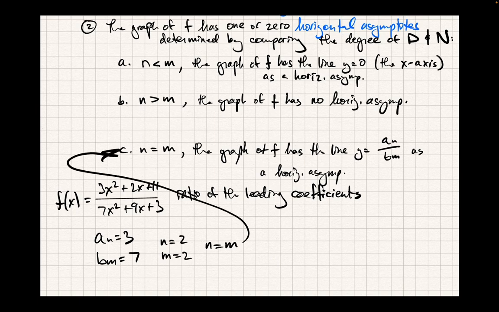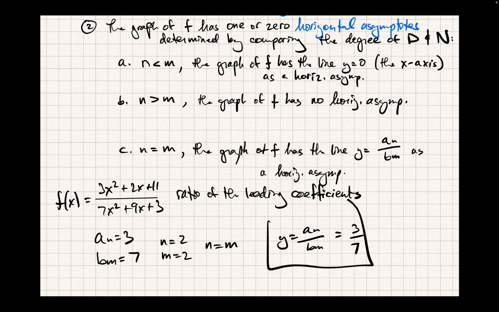So the graph does have a horizontal asymptote, and where is it? 3 over 7. Y equals a sub n over b sub m. That's 3 over 7. That's my horizontal asymptote. And you can imagine why that would be, because if I have f of 5 quintillion, I have 3 times 5 quintillion squared.